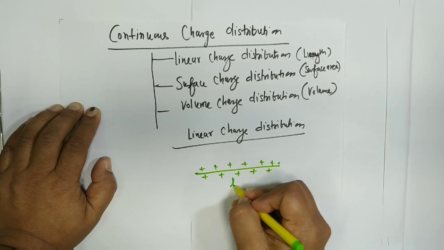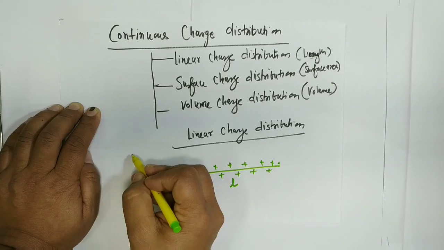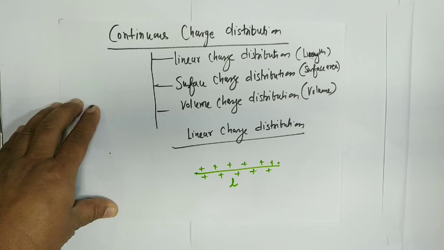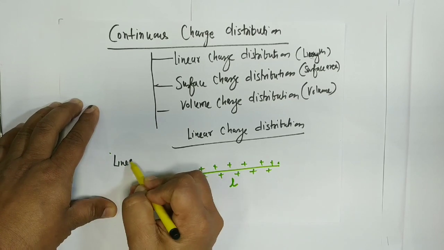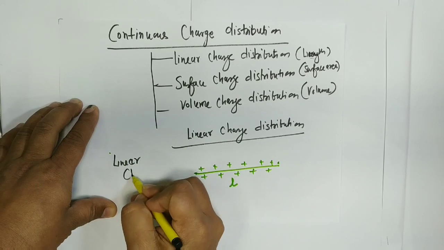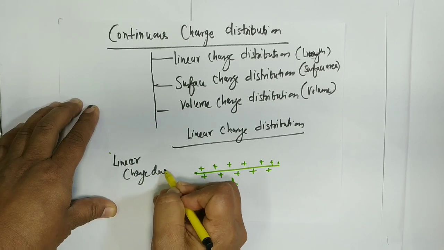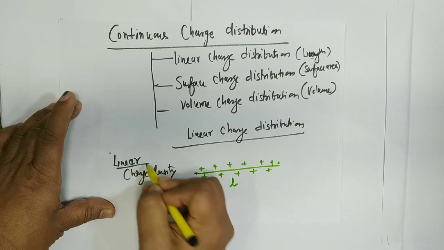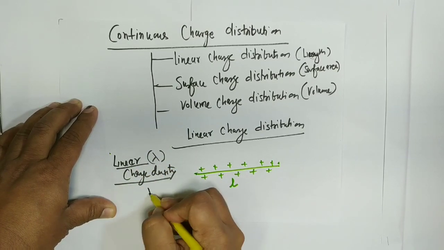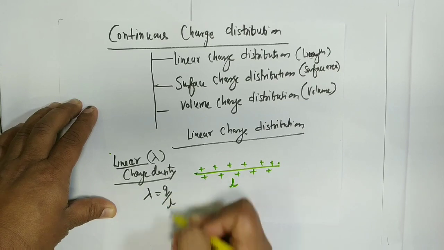So if it is length L, then there is a density known as linear charge density. Linear charge density is denoted by lambda. It is charge per unit length.